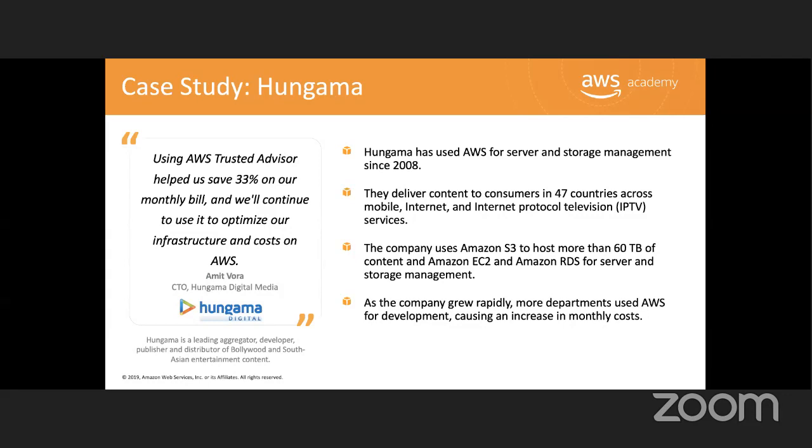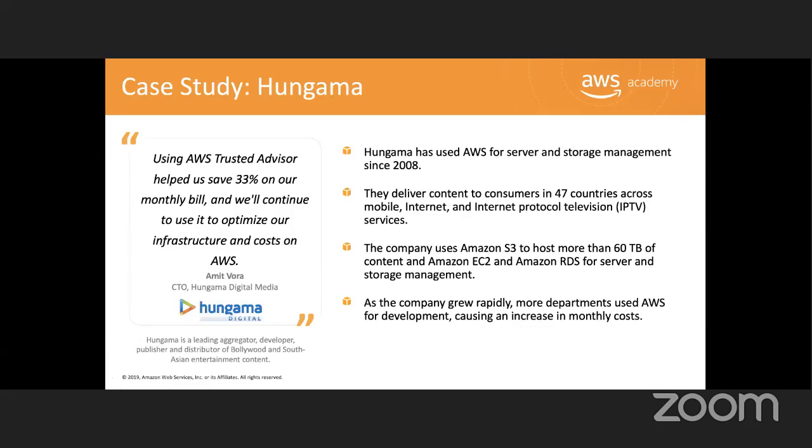It doesn't make you spend more, right? And when you read this, you think, wow, what is this? Why should I go to AWS? As the company grew rapidly, more departments used AWS, and the cost increased, right? Yeah, but we have to see how efficiently these people were using the services.